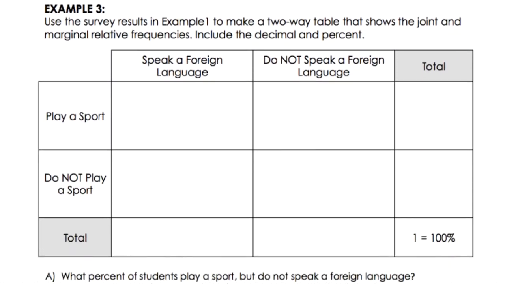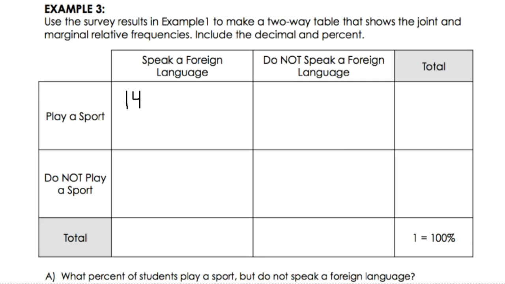All right, let's go ahead and continue on here. We know from that very first example we did, and you can flip back to it and look at it if you'd like, we asked two questions. Do you play a sport and do you speak a foreign language? And students said yes or no to either. In that first example, in the category of speaks a foreign language and plays a sport, there were 14 students.